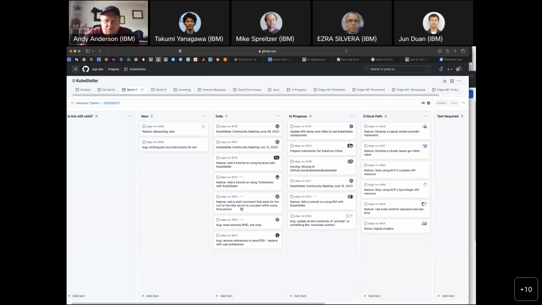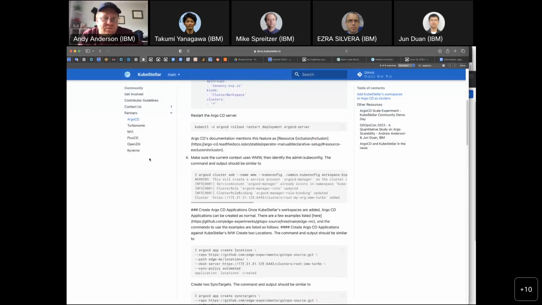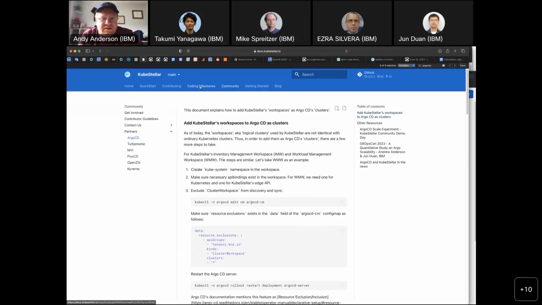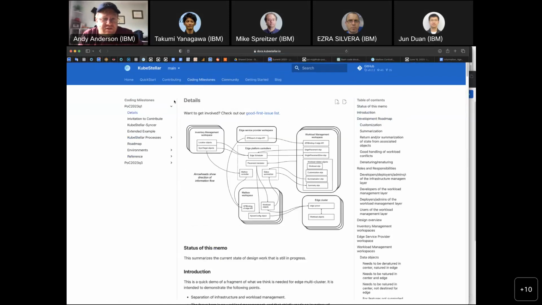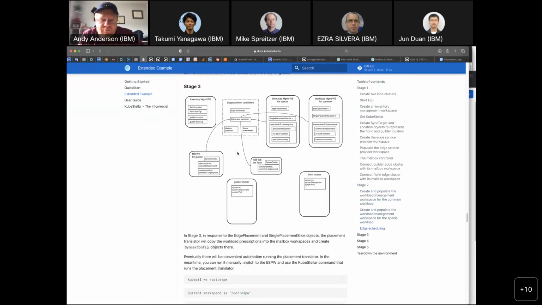All right. I've got one in here. Add a shell command that waits for a curl of the HTTP server to succeed within some time period. This is to try to eliminate one of the sleep commands that we have inside the documentation. Potentially it could be used for others as well, but for now I just haven't had any time to readdress this. We had some code that was working locally, but wouldn't work within the CI.